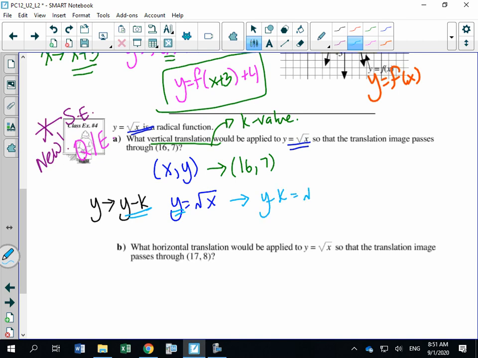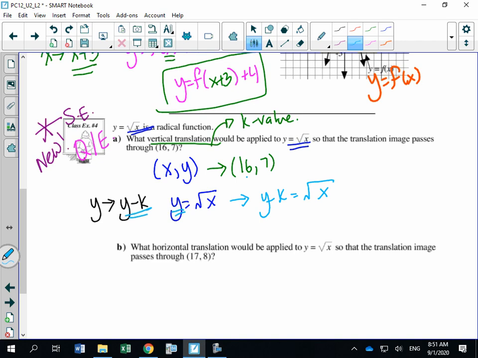is equal to the square root of x. This is our transformed image, right? This was my original image, and this is my transformed image. We need to figure out what the k value is. In order to figure out the k value, I need an x value and a y value on my transformed graph, and they gave that to me up here.